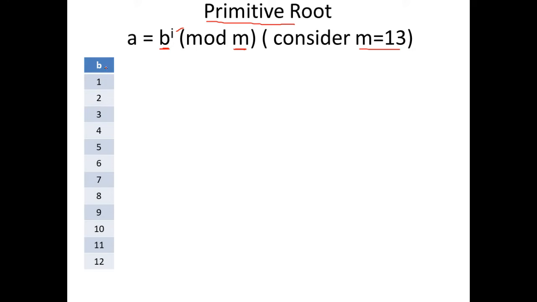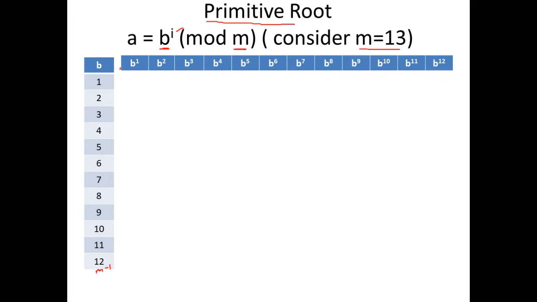Let's take b. We are going to take all the values of b starting from 1 to 1 less than m, so this is m minus 1. What is m? m is 13. So we are going to take all the values of b from 1 to 12. Then we are going to take every value and raise it to the power 1 to 12, so b^(m-1).